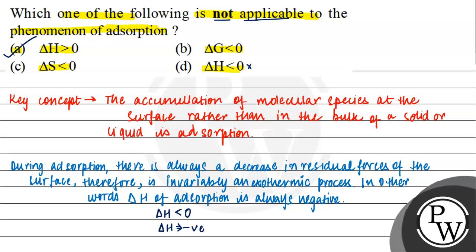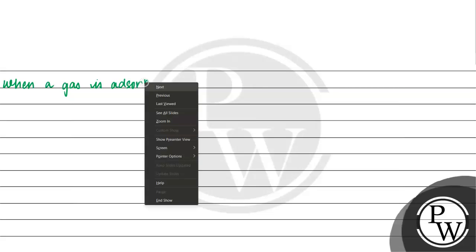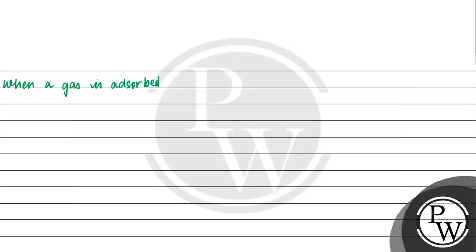Now let us discuss furthermore about the other options that are given to us. डेल्टा जी और डेल्टा एस के बारे में हम डिस्कस करते हैं. So when a gas is adsorbed, the freedom of movement of its molecules becomes restricted.